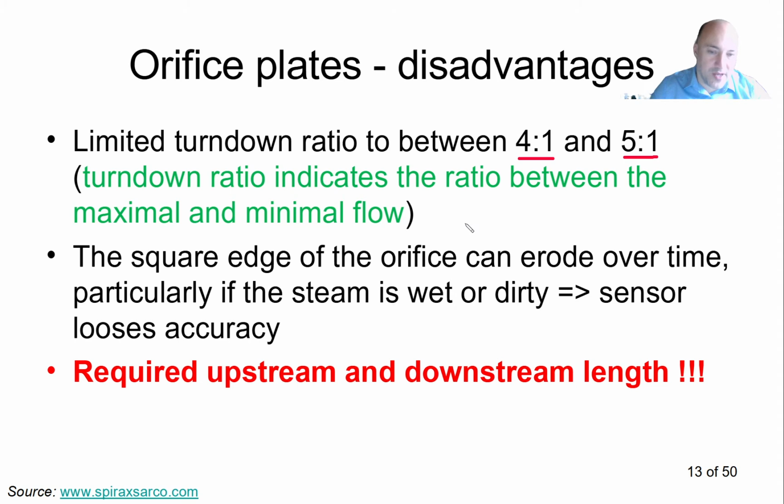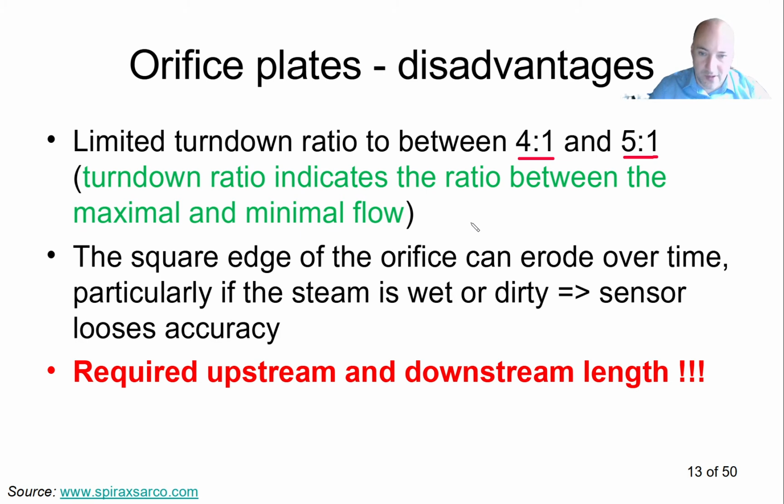If you remember the equation, then we had a square root of delta P, and if I have a square root of a small number, it will be even a more small number. So that's the disadvantage of the orifice plate. It cannot measure accurately small flow and large flow as well.